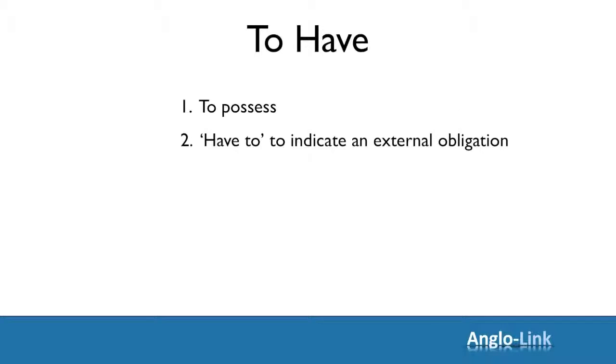Right then, the verb to have. As I mentioned earlier, to have has several meanings. As a main verb, its main meaning is to possess. If we add the word to it, have to indicates an external obligation.